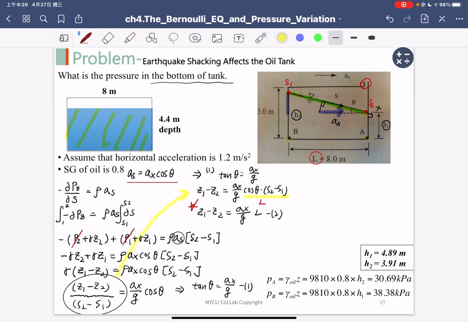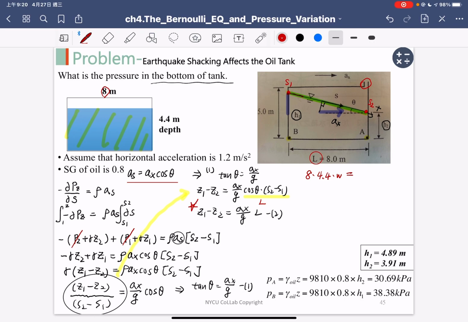So another governing equation: we have 8 meters multiplied by 0.4 meters, and we assume the tank width is the same. We don't know the width, so W is the width of the tank. This will equal, on the left hand side, the oil volume.